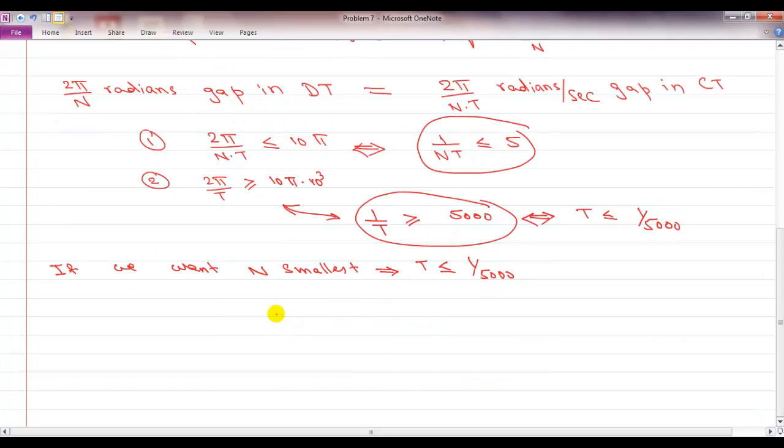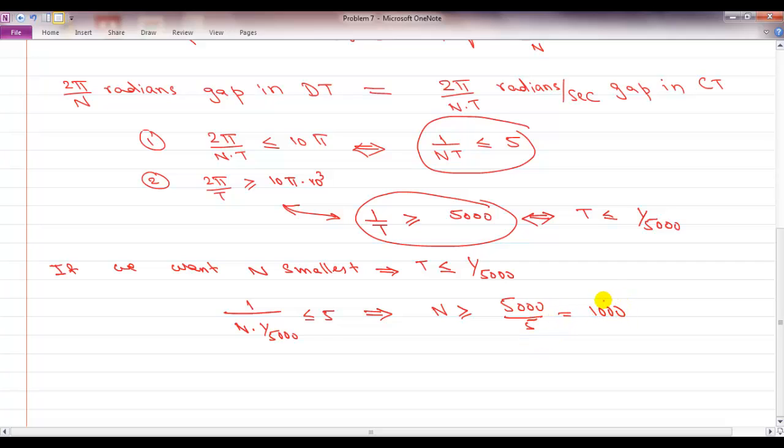If I pick T to be 1 over 5,000, I get 5,000 over n is less than or equal to 5. This means that n has to be bigger than or equal to 5,000 over 5, equal to 1,000.